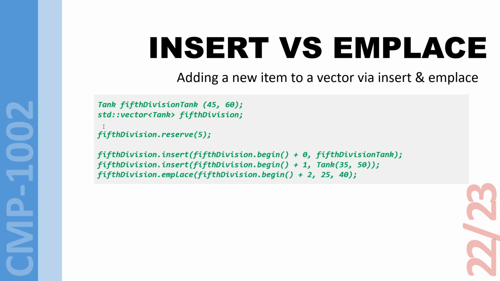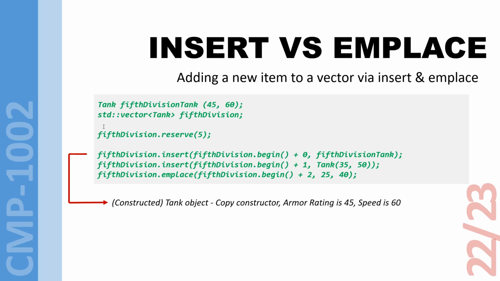So this is also a little bit of an example. If I have this reserve function with 5, and then I'm just going to insert something, the 5th division tank, let's go over this example and see how it's going to happen. Maybe I shouldn't go to the C line this time, because here it's going to use the copy constructor. This is something different. We are inserting an already existing item, right?